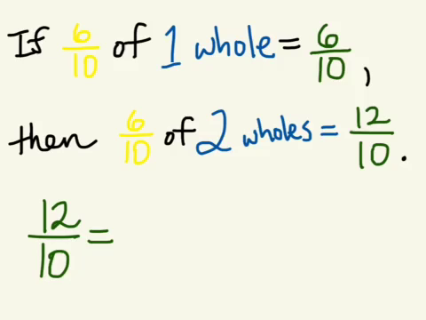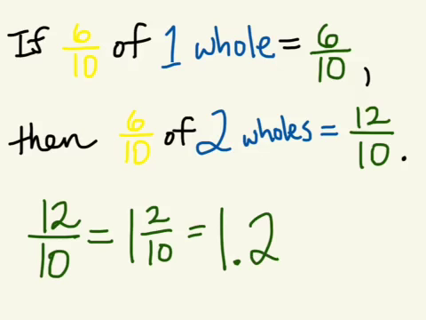If we're thinking about it in terms of decimal form, it would be 1 and 2/10. We could also go back and simplify this even more and say that's the same as 1 1/5. But if we were just going to write it as a decimal, we would write 1 and 2/10.